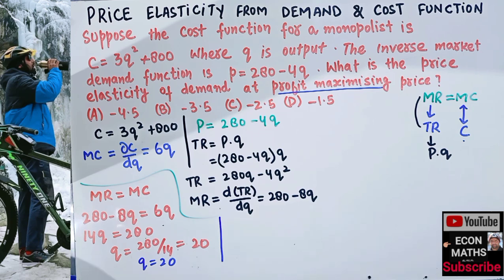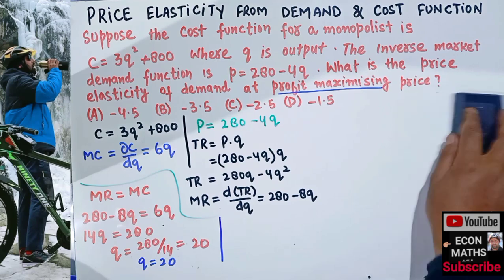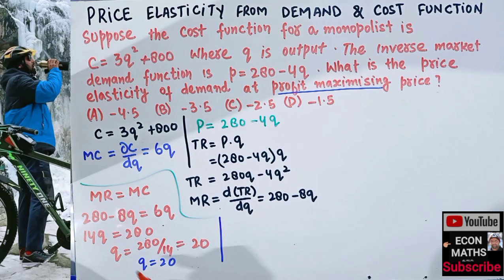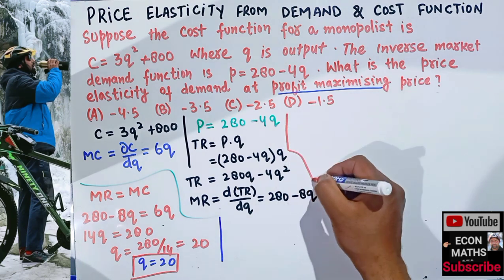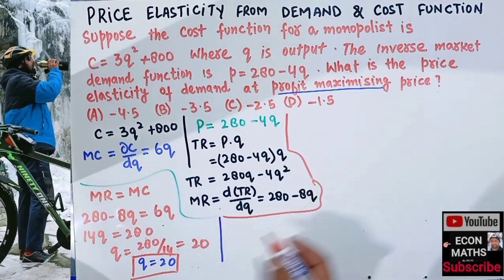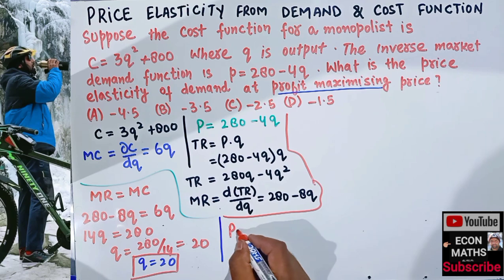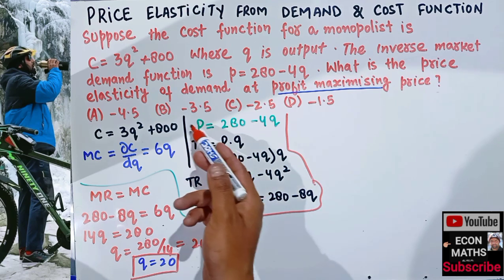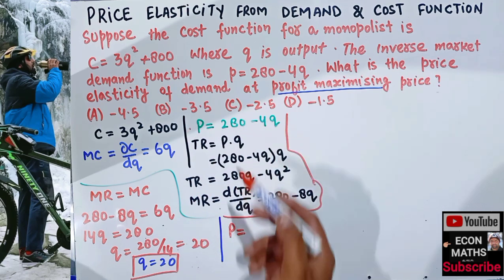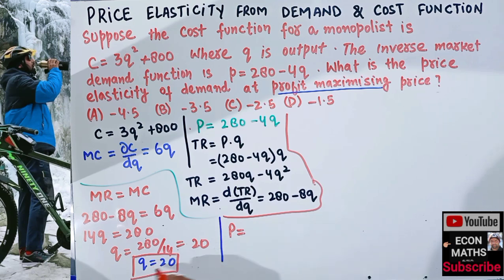Now we also need to find the profit maximizing price. We got the profit maximizing output as 20. To find the profit maximizing price, in the inverse demand function we insert this profit maximizing output.